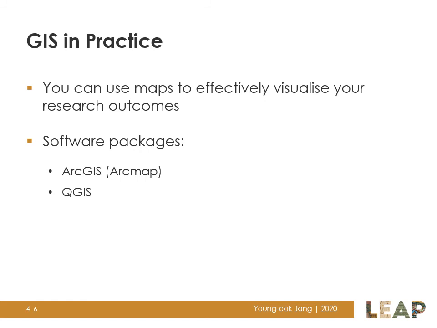This is basically using maps. You can use maps to effectively visualize your research outcomes. You can use tables and graphs, of course, but sometimes maps are more effective, especially when your research outcomes have geographic elements.